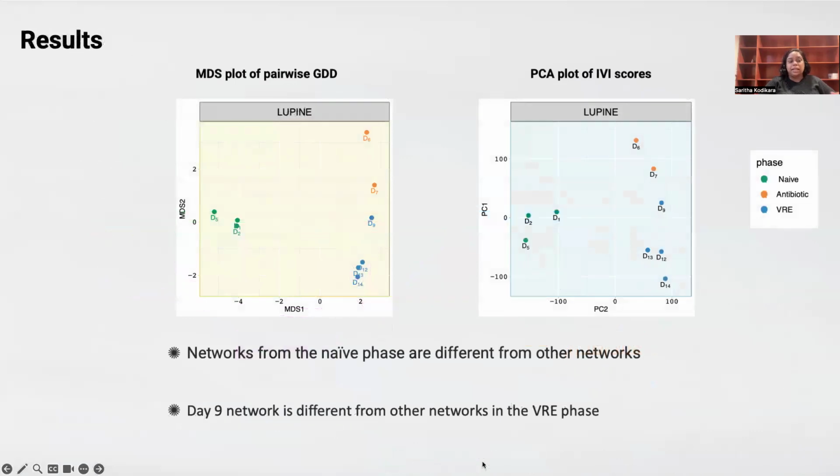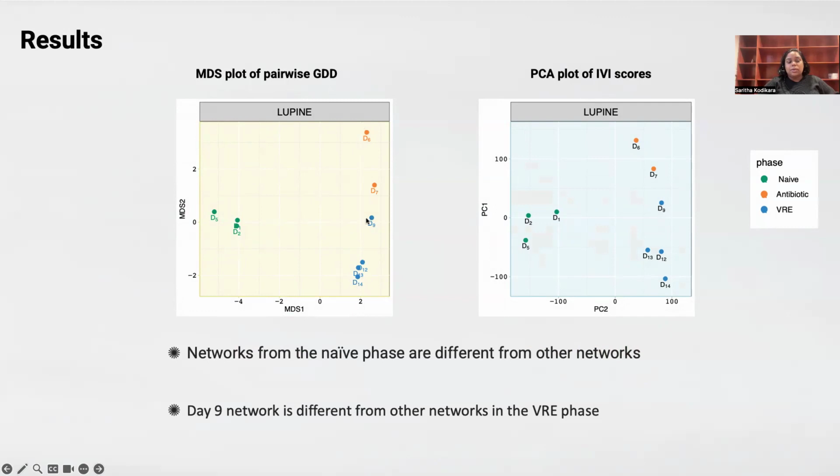When we compare the networks across time, we see a clear difference between the naive phase and the other two phases, antibiotic and VRE, which is expected because in the antibiotic phase we observe many taxa being reduced by the antibiotic effect. Again, you see a very consistent pattern between the GDD MDS plot and the IVI PCA plot.